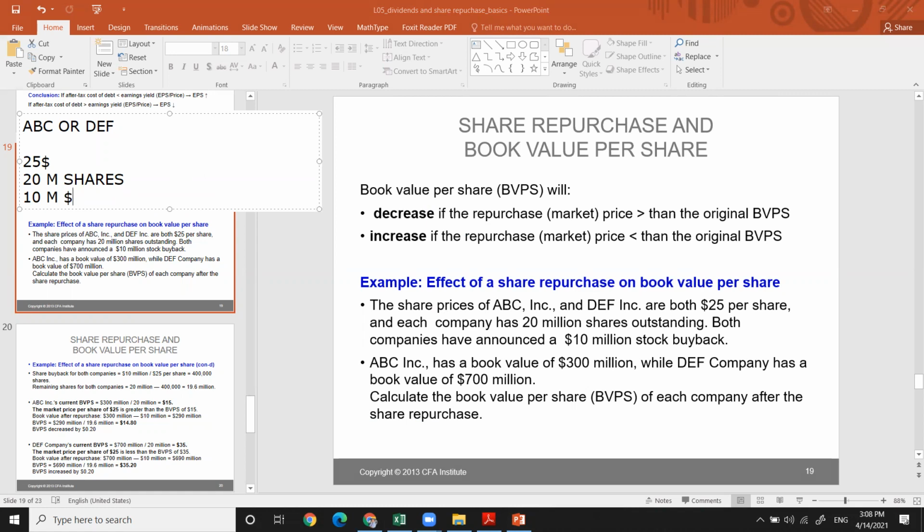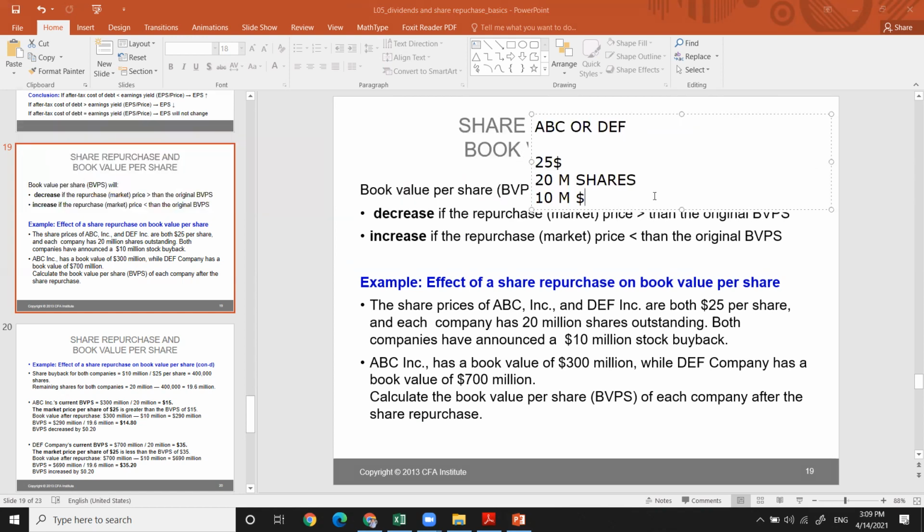However, there is some additional information given. ABC Incorporation has got the book value equal to $300 million, while DEF has got the book value of 700 million.